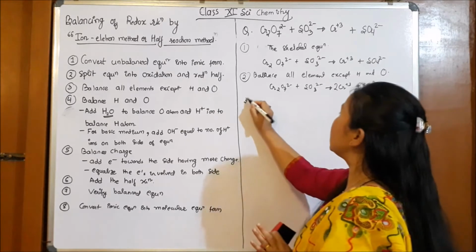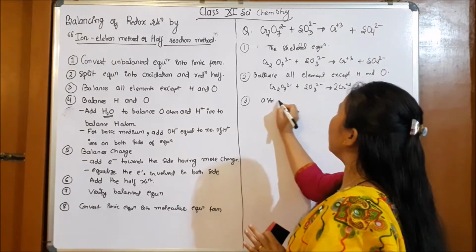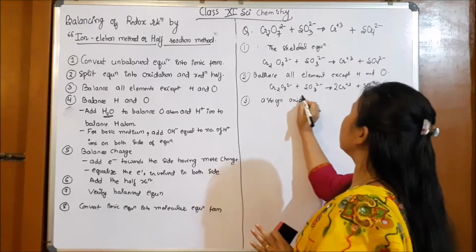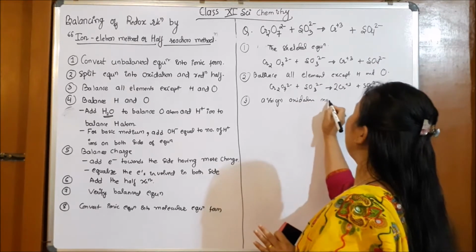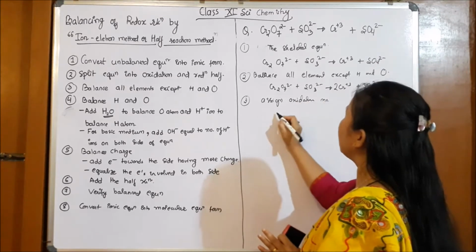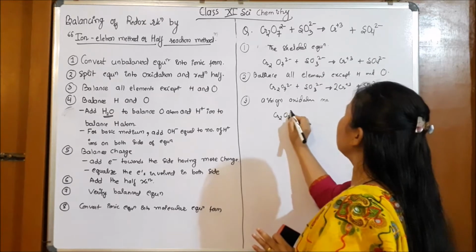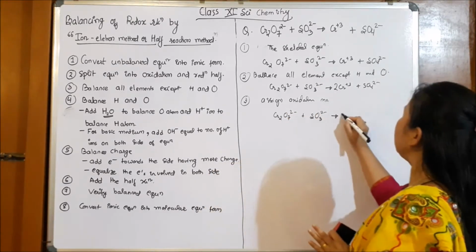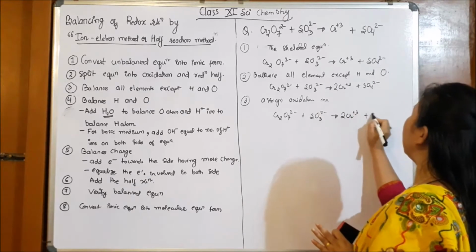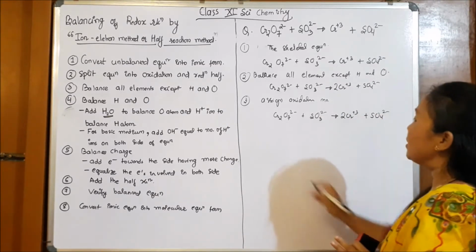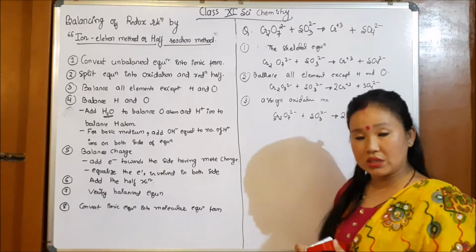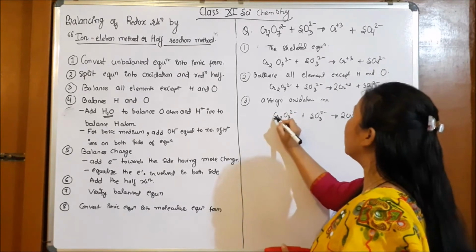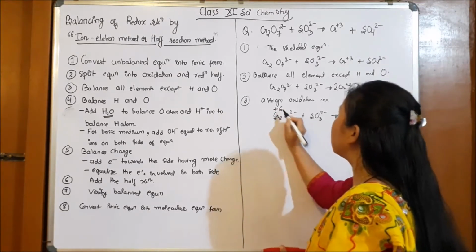Now what is the third step? Assign oxidation numbers. We have already done the calculation of oxidation number, right? This is your dichromate, sulfite, chromium ion and sulfate ion. If you calculate the oxidation number, you will find the oxidation number of chromium as plus 6.